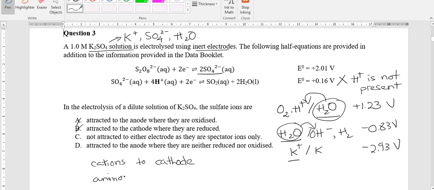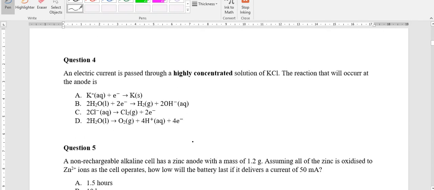In this case, because you have both cations and anions, and there's no indication of any limitations on how the ions can move, you can assume that the cations will migrate to the cathode and the anions will be attracted to the anode. So the correct answer is D. The SO4 2 minus ions is attracted to the anode where they are neither reduced nor oxidized. Difficult question. Moving on to 4.